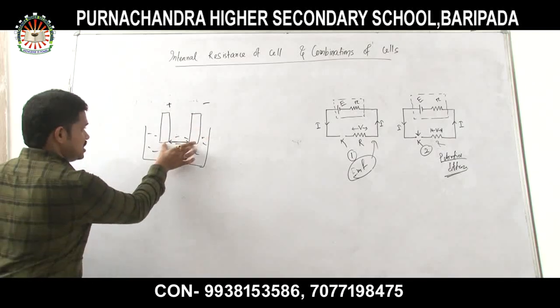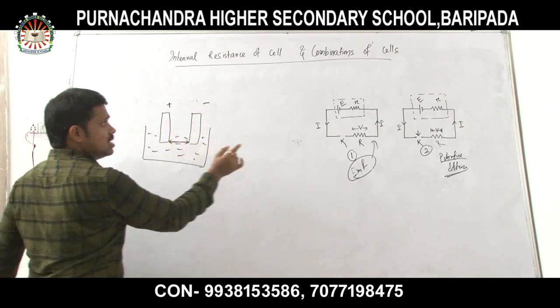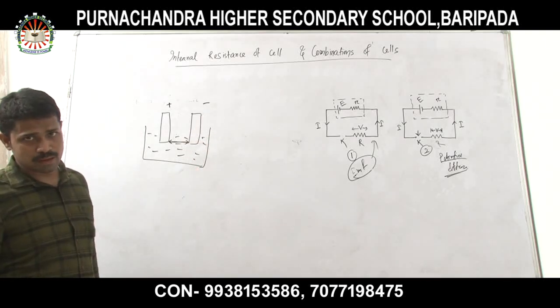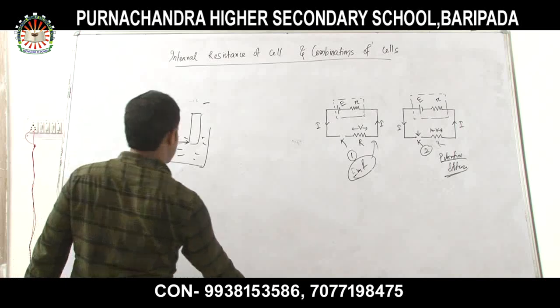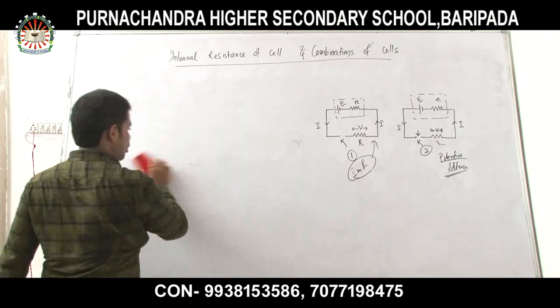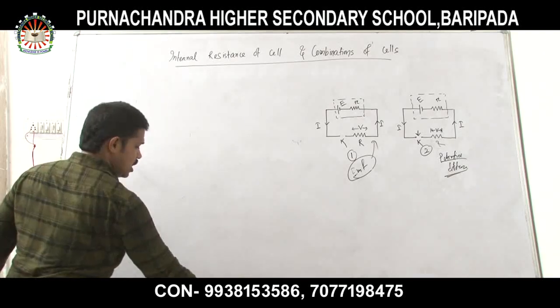Clear? But if this gap is reducing, then the internal resistance of the cell decreases. Clear? So these are some of the factors on which the internal resistance of the cell depends. Clear, all of you? I think all of you are clear about these important points.